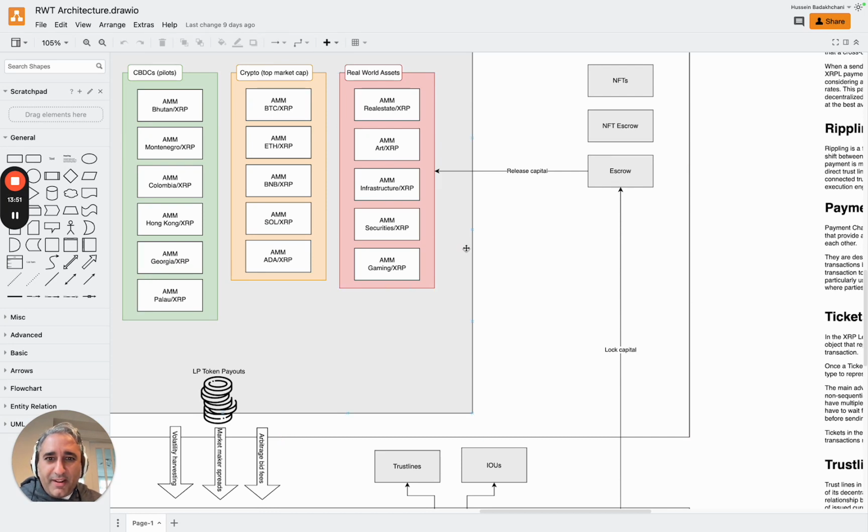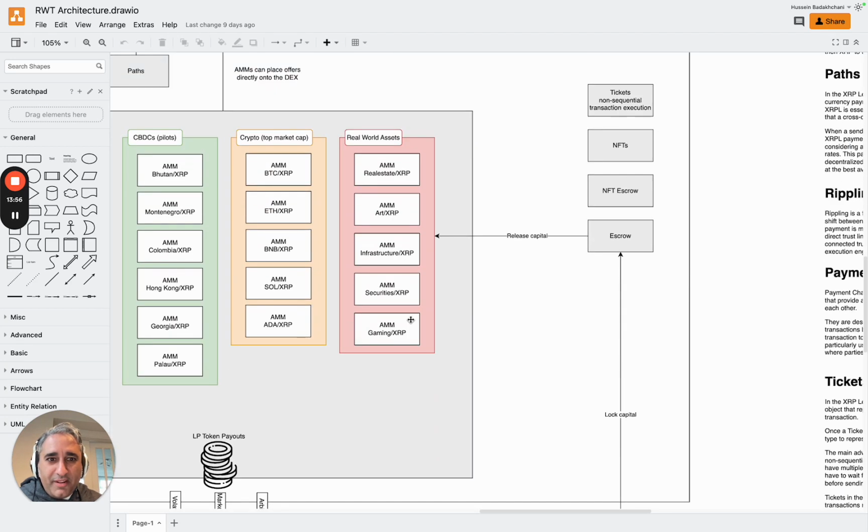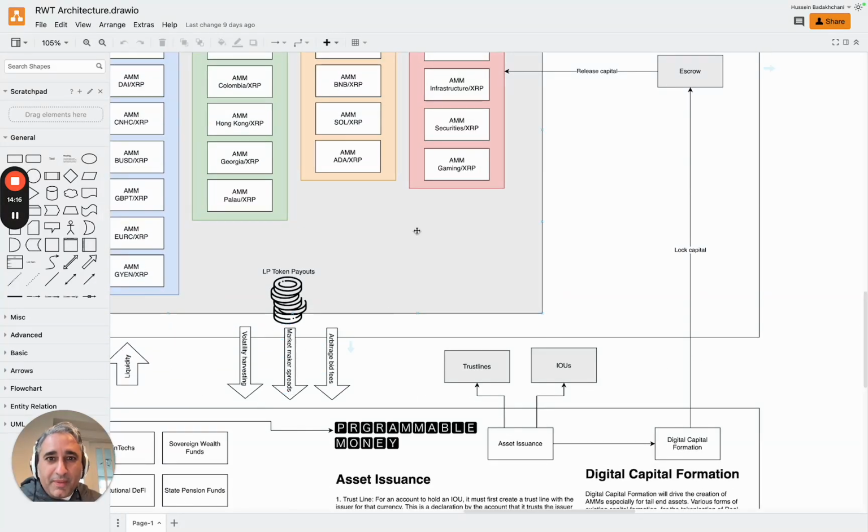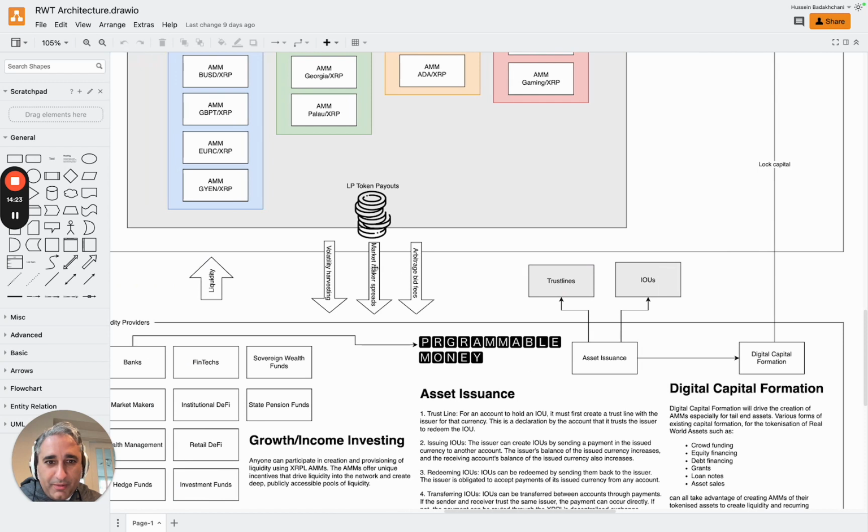It's a decentralized exchange, but I think what people are missing is the capital formation element of this, where not only can you issue the asset, but you can immediately create an AMM in that asset pair and provide liquidity to the XRPL network and provide 3 sources of income to whoever's invested in your tokenization or in your token, providing XRP liquidity for your asset.